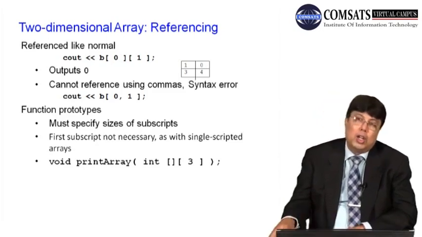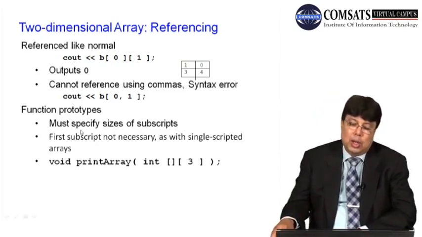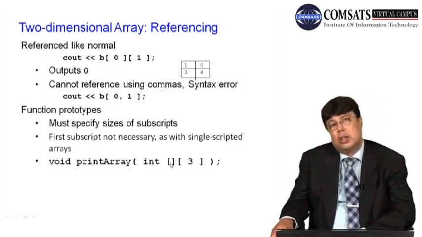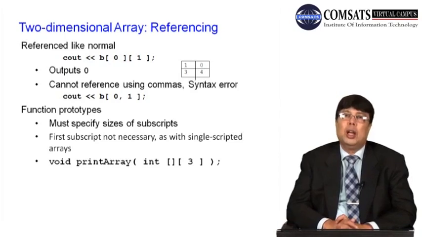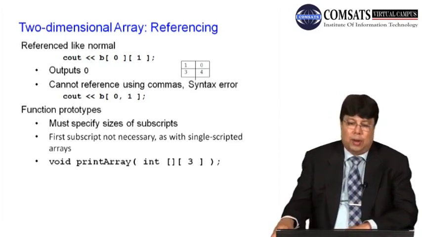Here, if we are using a two-dimension array, then the first one is not necessary, but you are required to pass on the size here as the second. That is the concept through which you can pass a two-dimension array to any particular function.